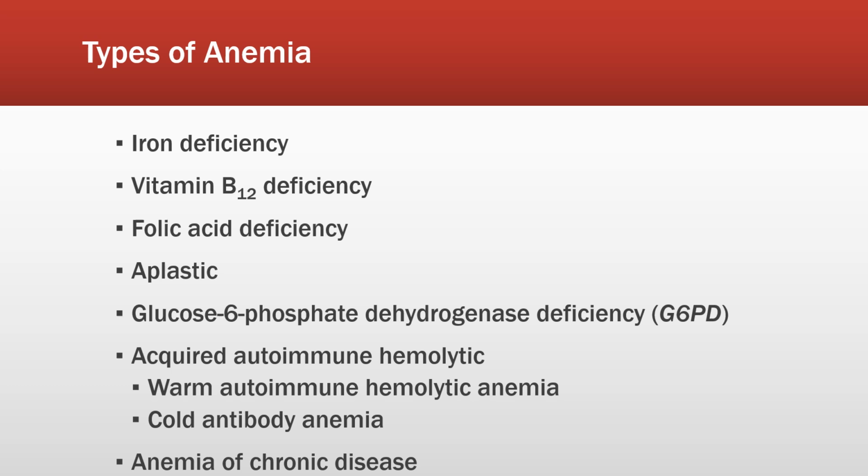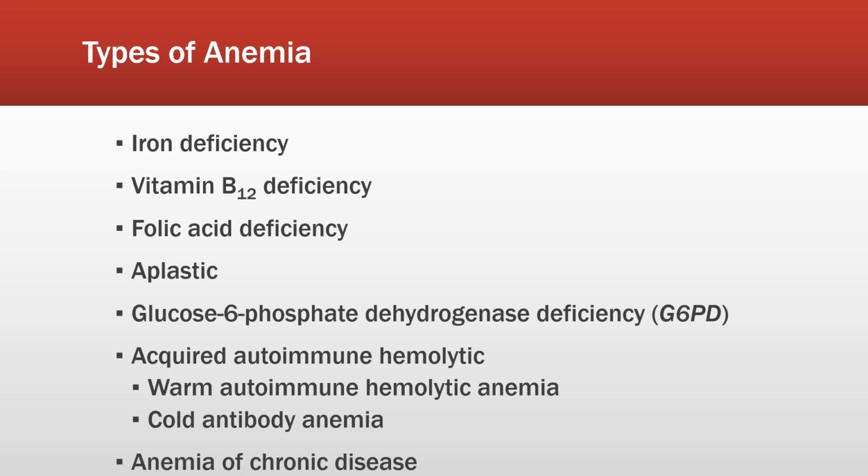Iron deficiency anemia. There is iron missing. This is a very common type of anemia, especially with your premenopausal women or women of childbearing age, women that have their menses. It can be caused by several things. Blood loss, which happens with your premenopausal women.